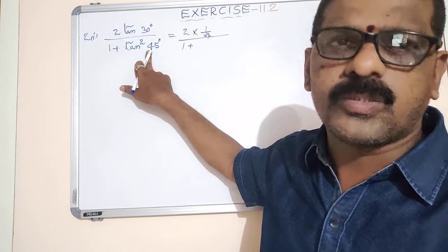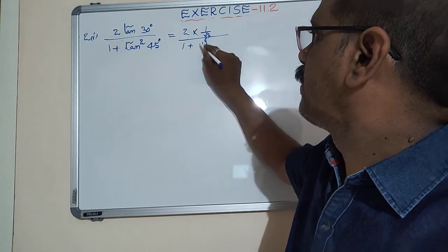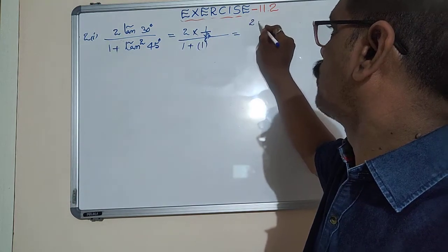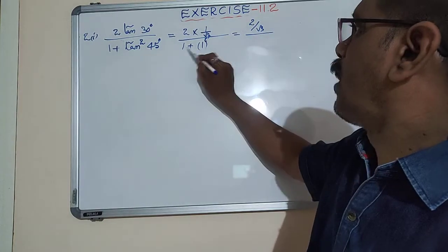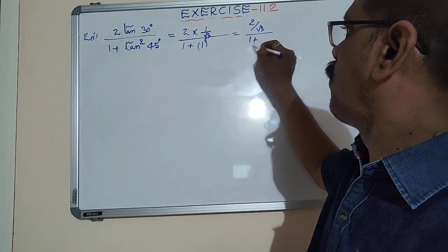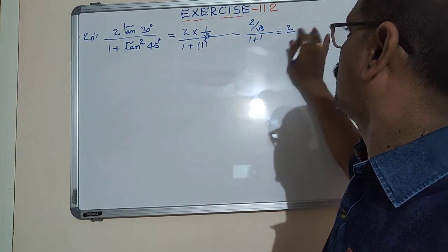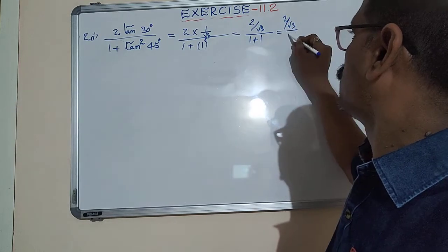Tan 45 value is 1. Tan square 45 value is 1 square. That is equal to 2 into 1, it will be 2 by root 3, whole by 1 plus 1 square is 1, that is equal to 2 by root 3 whole by 2.